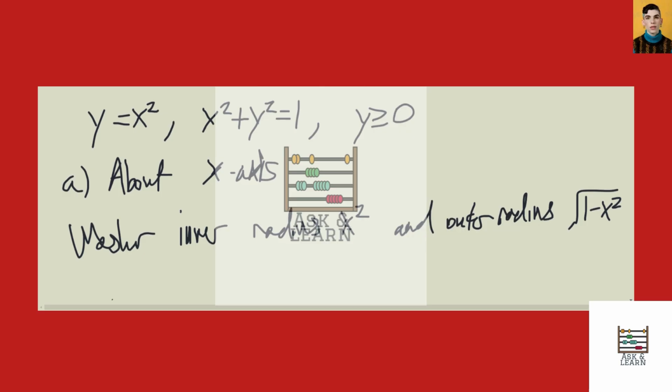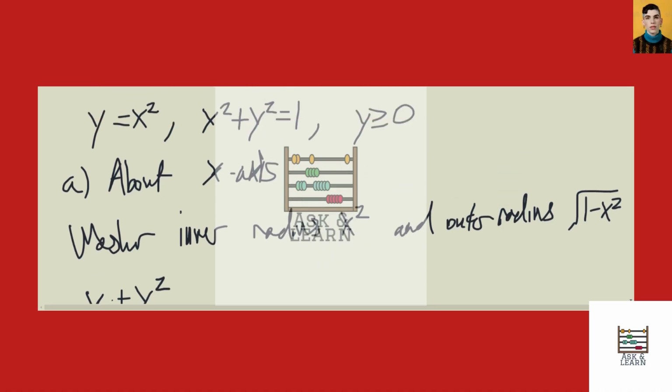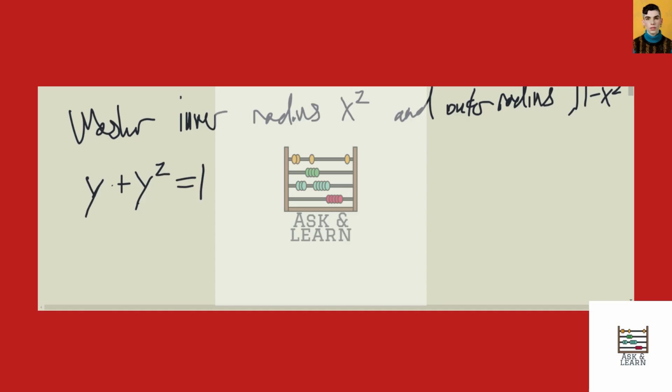Well, we really don't want to find y, we want to find x. So instead, we have x squared plus x squared squared equals 1. So we have x to the fourth plus x squared minus 1 equals 0.